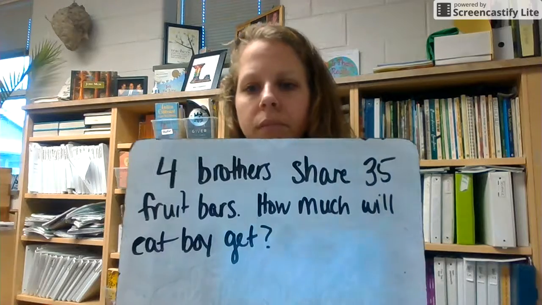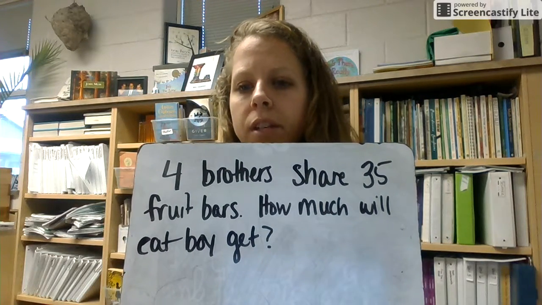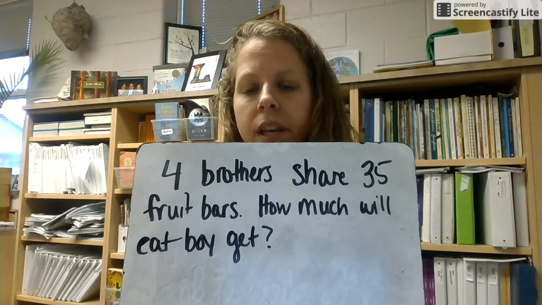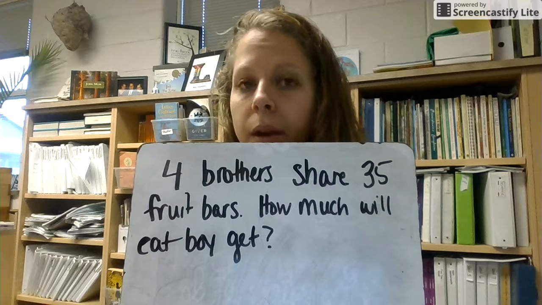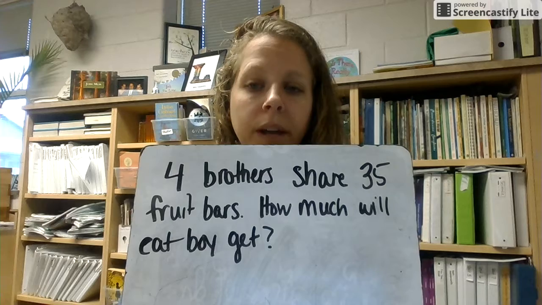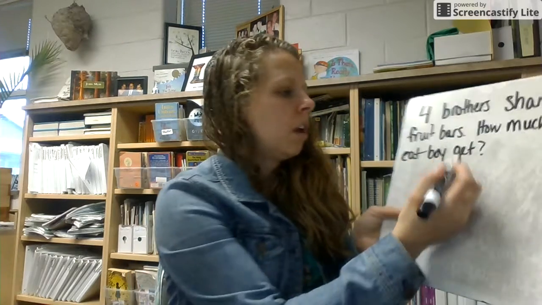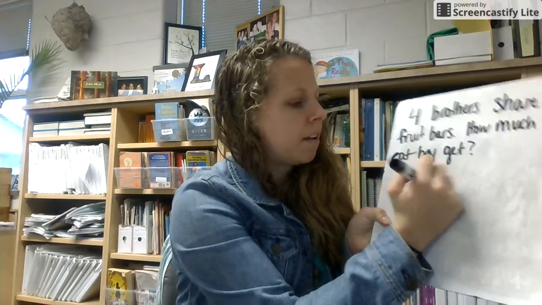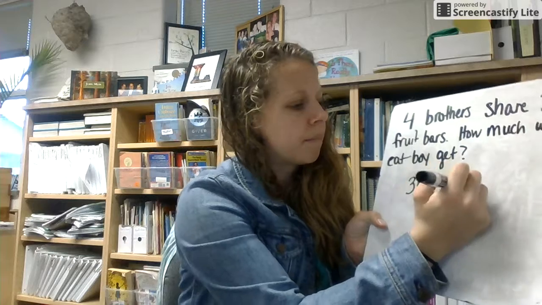So let's try one final question before I let you go. Here it is. 4 brothers share 35 fruit bars equally. Forgot that word, but that's what I want you to put, equally. How much will each boy get? You're looking at 35 divided by 4.